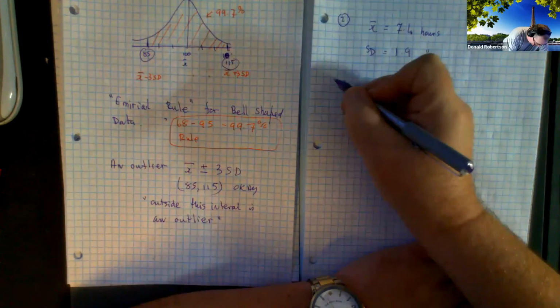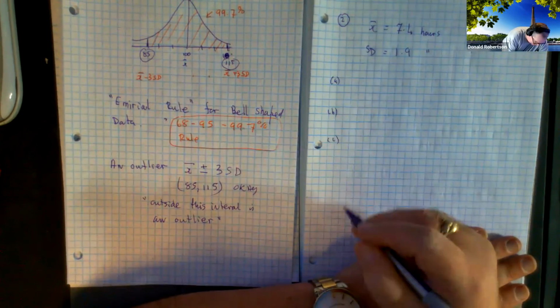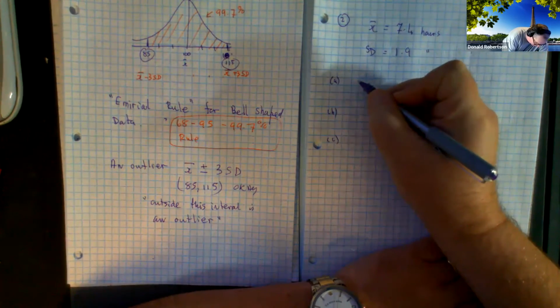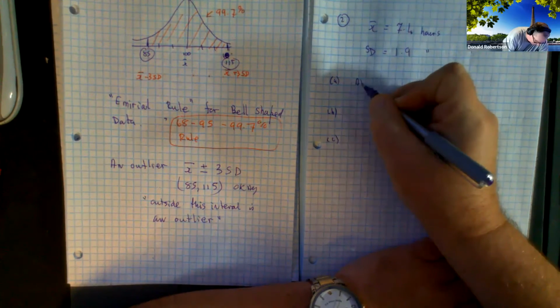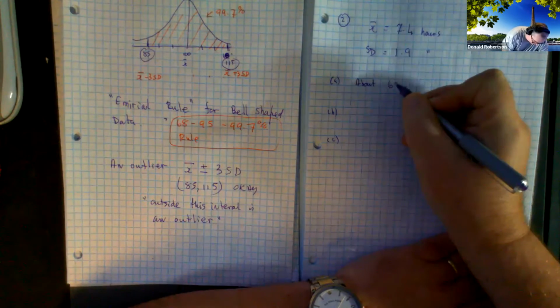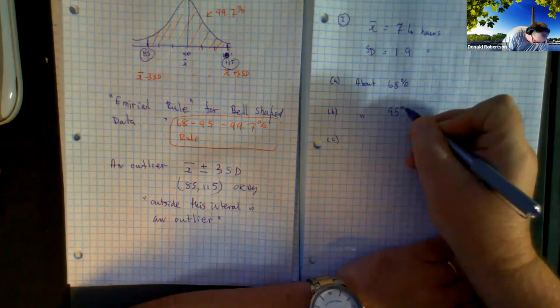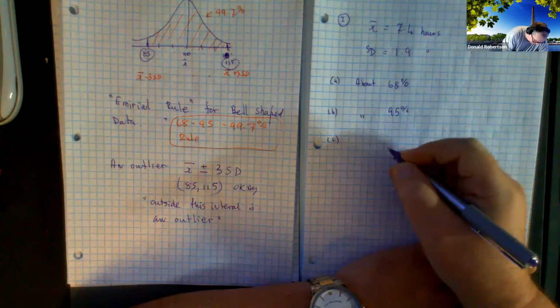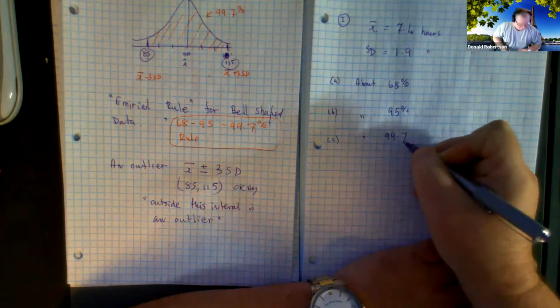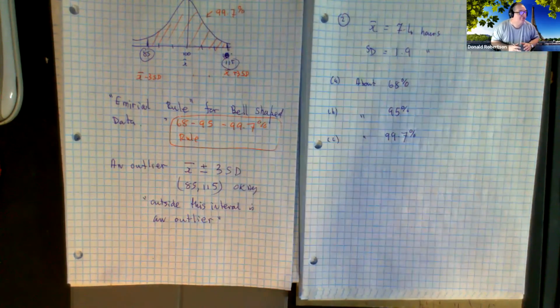And then they have an A, a B, and a C. In A, they want to know, because it's a little bit approximate, about what range the 68%, 95%, and 99.7% fall in. So what range does about 68% of the students get sleep, right?